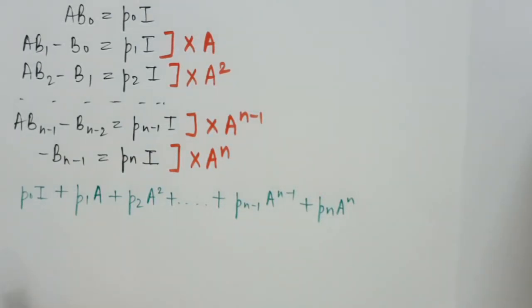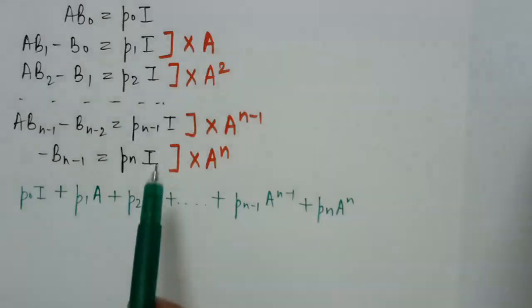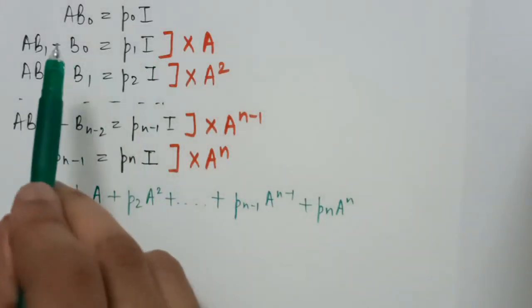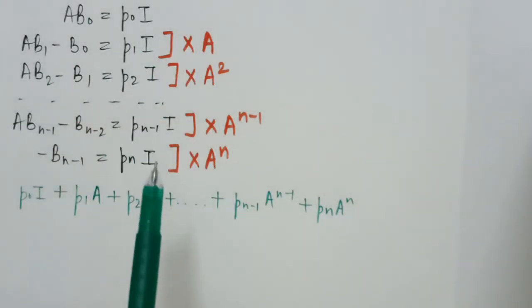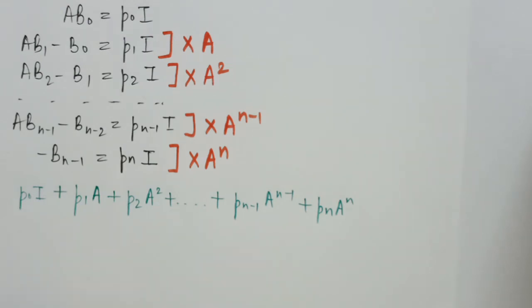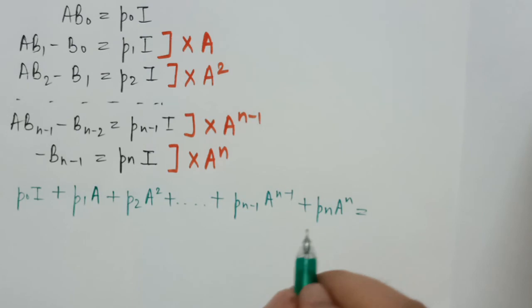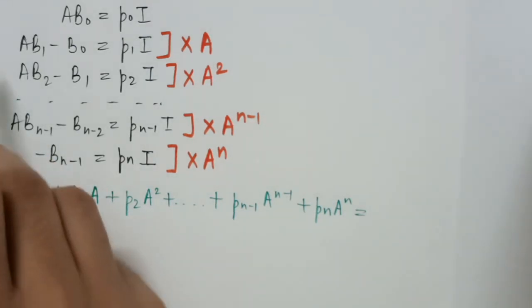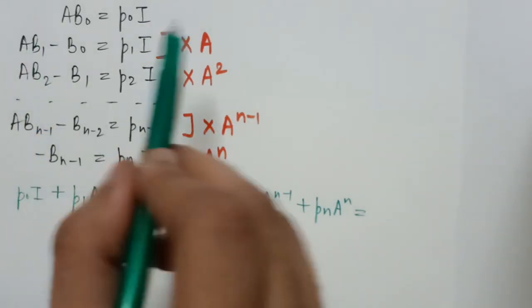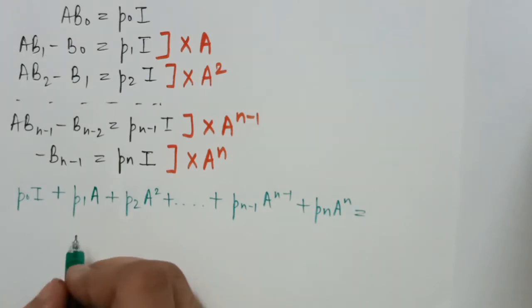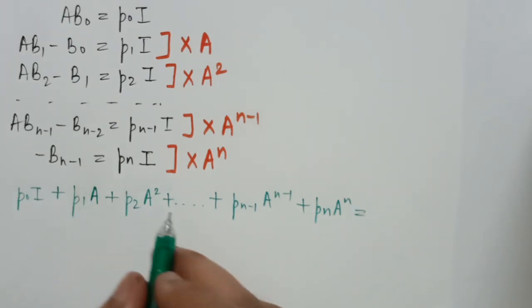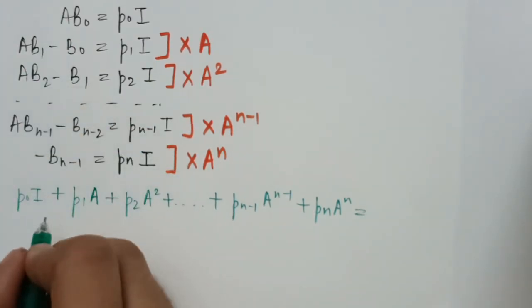And now this is the addition of the right hand sides of these terms after multiplying the equations by these respective terms. And now this is equal to the addition of these left hand side terms after multiplying by these. So it will just simply become, first of all, AB0.